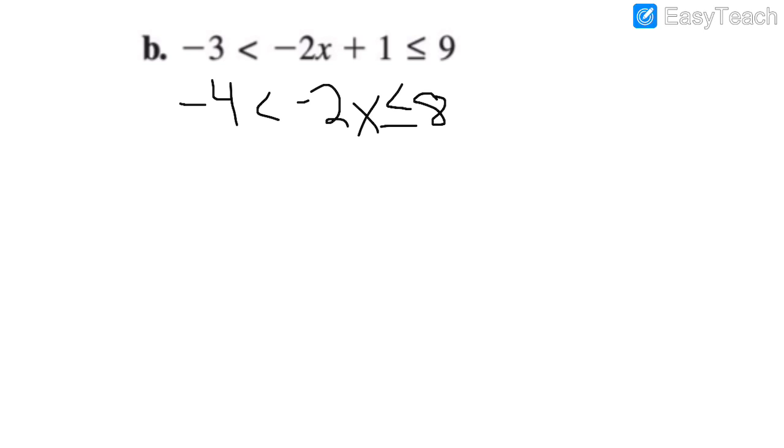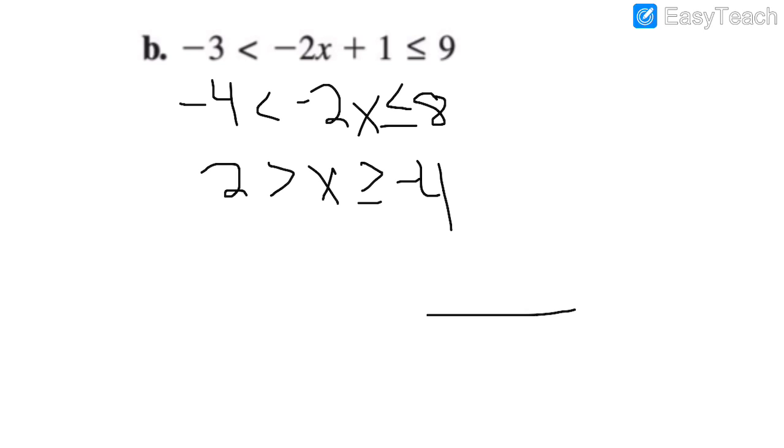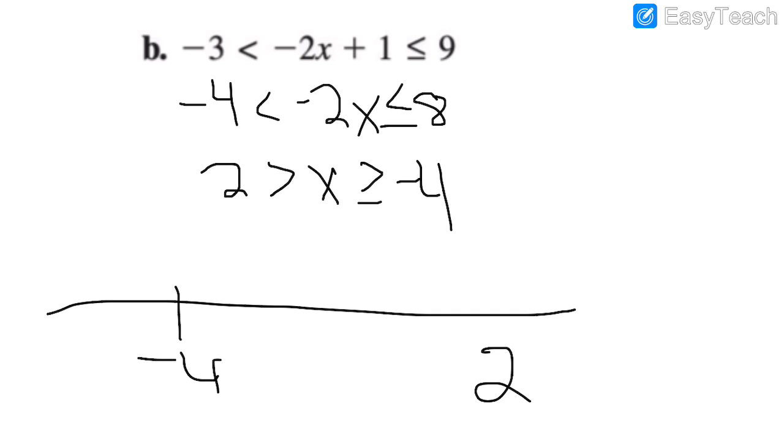Remember, our signs need to flip, so then we'd be left with 2 is greater than x, which is greater than or equal to negative 4. So our anchors are at negative 4 and at 2. The one at negative 4 is going to be closed in. The one at 2 is going to be an open circle. And because it's an "and" statement, it's going to be shown together.